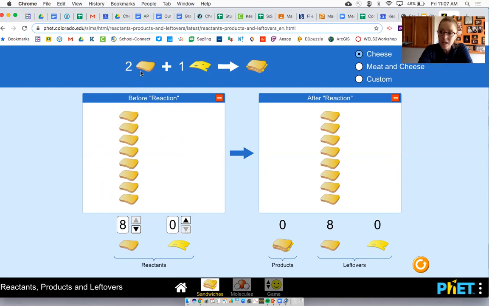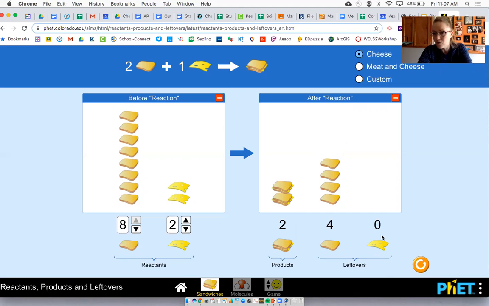Now the ratio tells me that you will make a sandwich every time you have 2 slices of bread and 1 slice of cheese. So if I have 1 slice of cheese, boom, I have the ratio for 1 sandwich. If I have 2 slices of cheese, now I have the ratio to make 2 sandwiches. Right now, how many sandwiches I can make is being limited by the cheese because I'm using all of it.